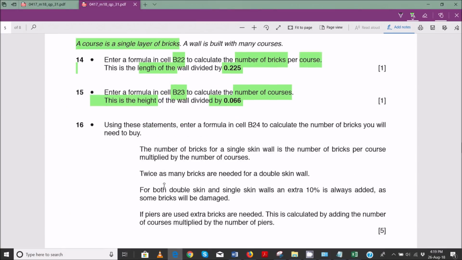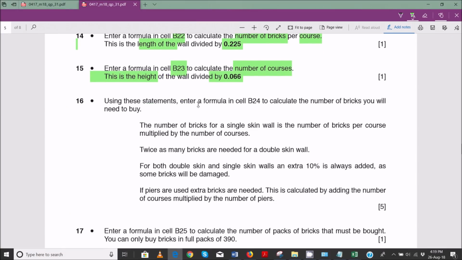Next, using these statements, enter a formula in cell B24 to calculate the number of bricks you will need to buy. The number of bricks for a single skin wall is the number of bricks per course multiplied by the number of courses.